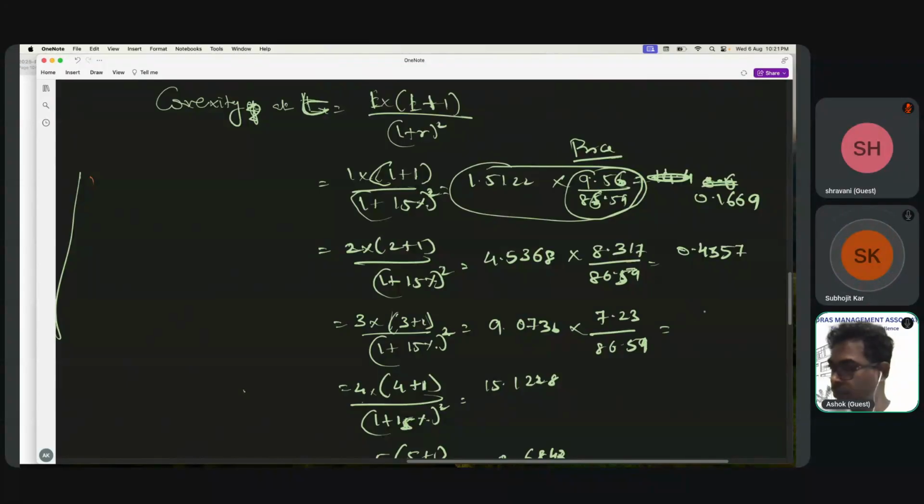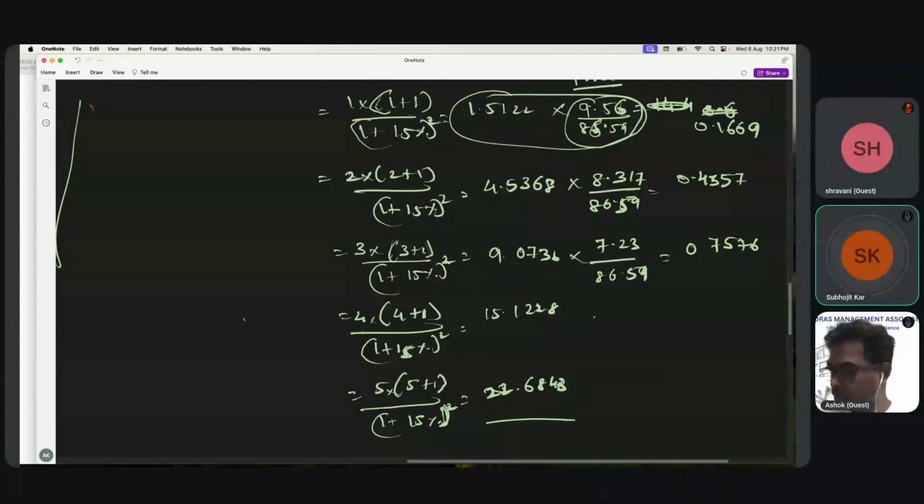So this is 0.7576. Then 6.28. So the answer is 1.0967.